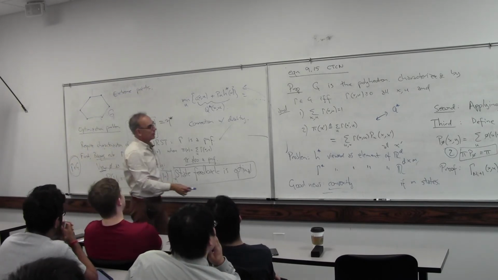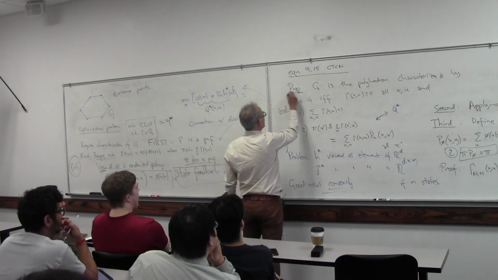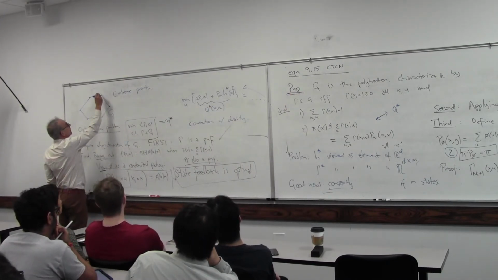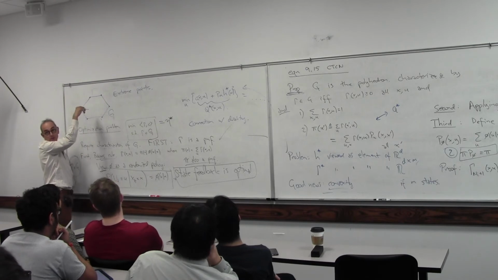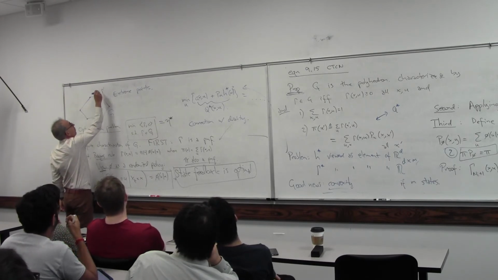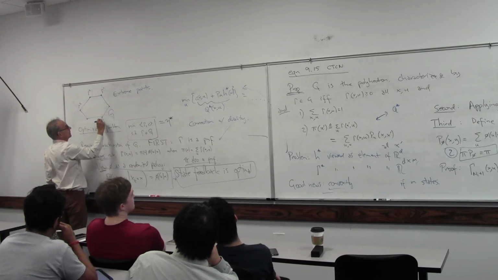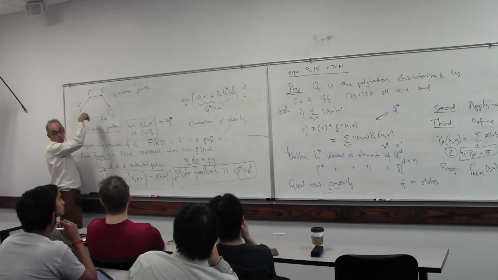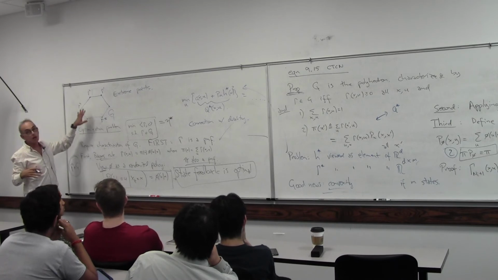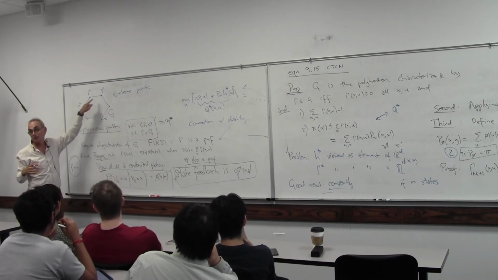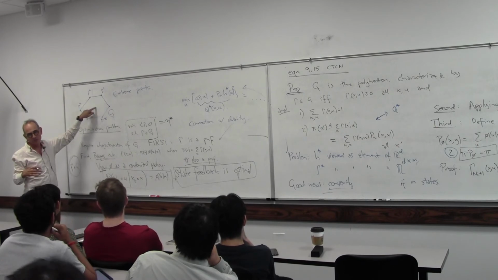That should be in this proposition. Bonus material. There's going to be a finite number of extreme points; I'll label them gamma 1, gamma 2, gamma 3, and so on. A convex polyhedron is just, every point inside is a convex combination of the extreme points. So what's an extreme point?